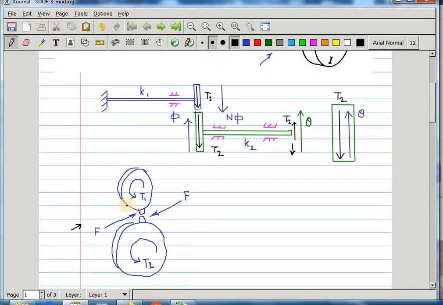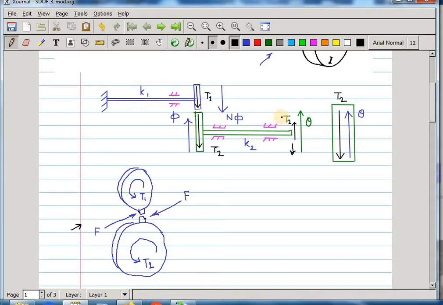If you draw the free body diagram of the gears, the smaller gear applies a force in this direction on the larger gear, and the larger gear applies a force in this direction on the smaller gear. So this torque is this and this torque is also this. So if this end rotates by phi in this direction, this rotates by phi in this direction.